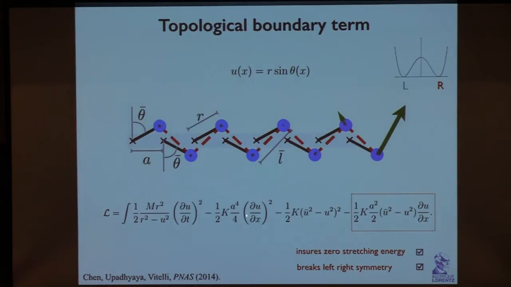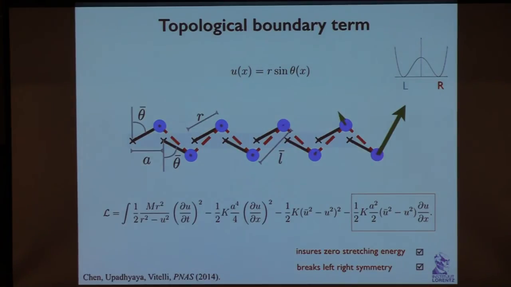However, in this model, there is an extra term whose presence I want to emphasize. This extra term is what I would call a topological boundary term. And you can guess its existence without doing any mathematics, simply because you know from counting the number of degrees of freedom, and knowing that there's one degree of freedom more than constraints, that there must be a zero energy motion. That means that whatever integrand of this field theory you write, no matter how nonlinear it is, you should be able to cast it as the square of something.